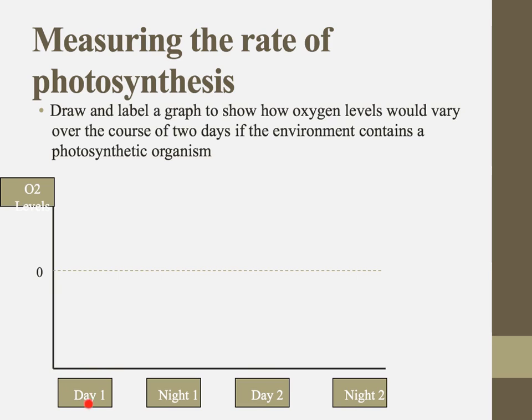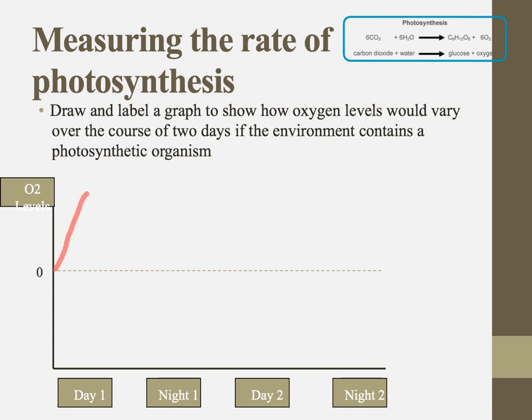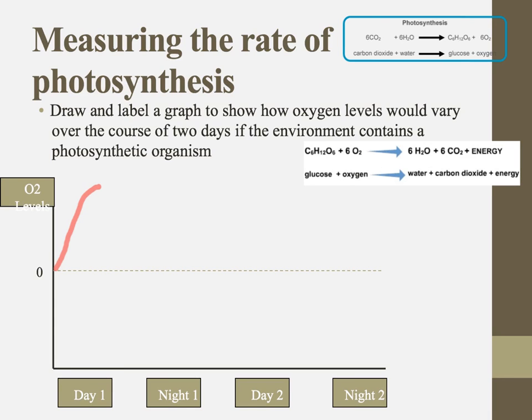All right, during the day, plants are going to be photosynthesizing. So if they're photosynthesizing, they should be creating oxygen, and that would mean that my oxygen levels should go up during the day. Now, as the sun starts to set and light is no longer available for photosynthesis, we would expect the oxygen levels to fall.